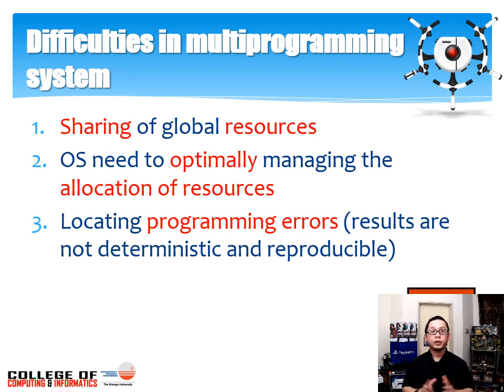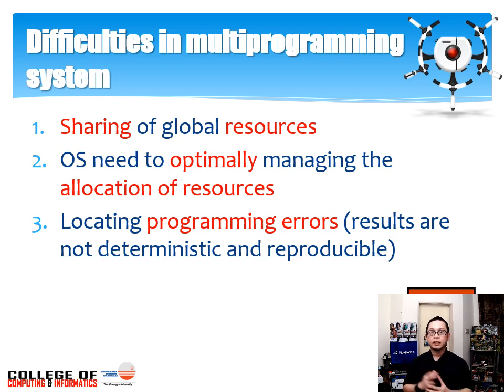So in order for us to efficiently manage those processes occurring at the same time, these difficulties must be taken care of. First of all is the condition where we have multiple processes requesting the use of global resources, because we have many processes and we have limited resources. So this must be taken care of or managed very well.